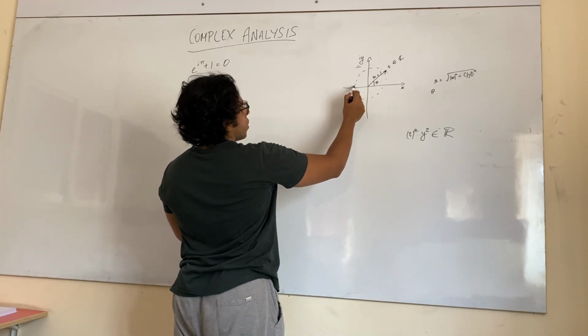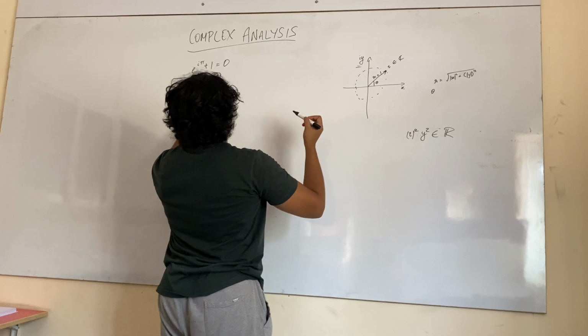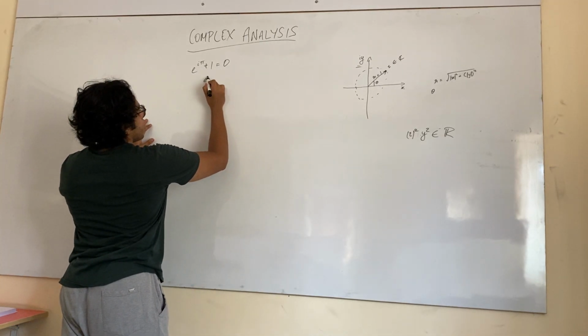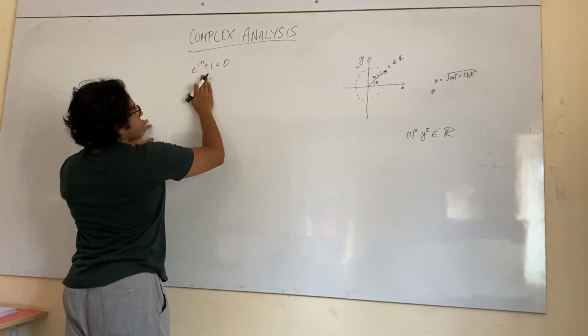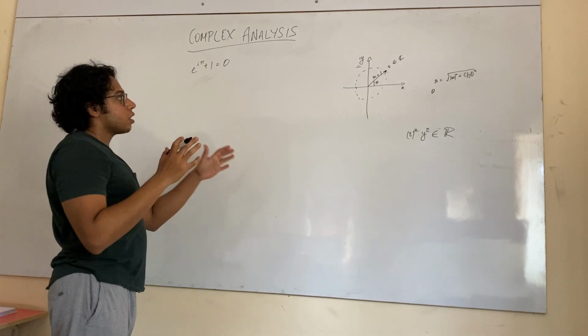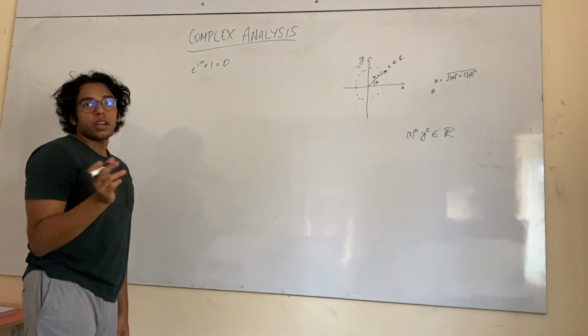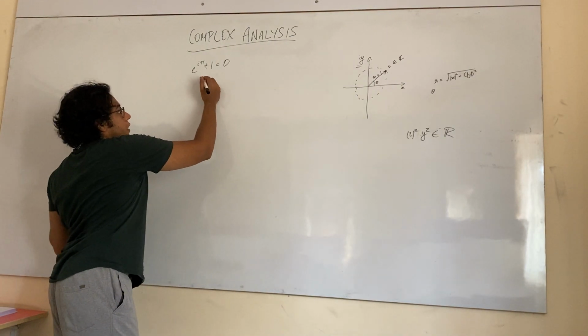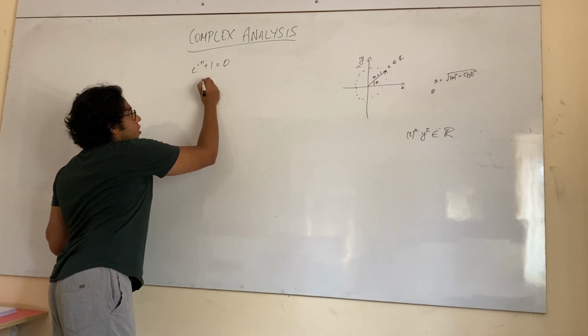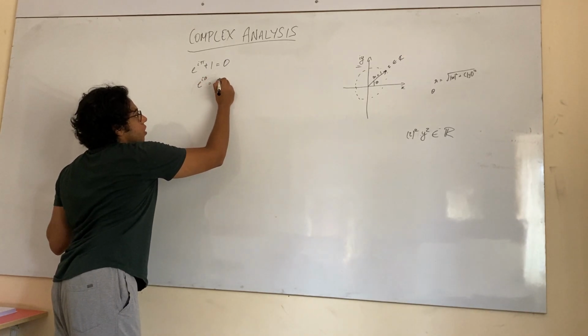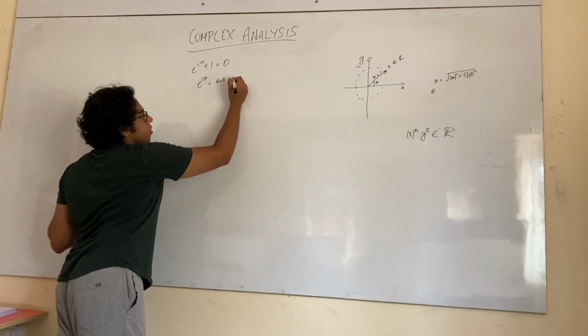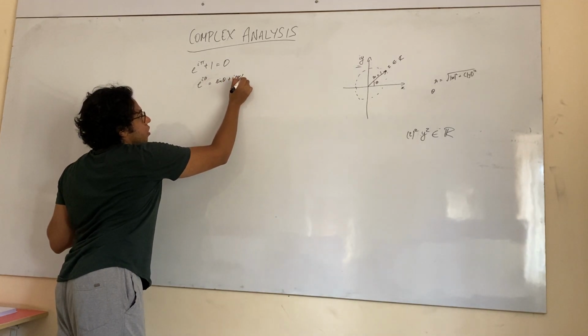So when you write minus 1, how do you write minus 1? To the power of i is equal to, okay, so let's just decompose this a little bit. So now we have another thing, which is e to the power of i theta is equal to sine theta plus i cos theta.